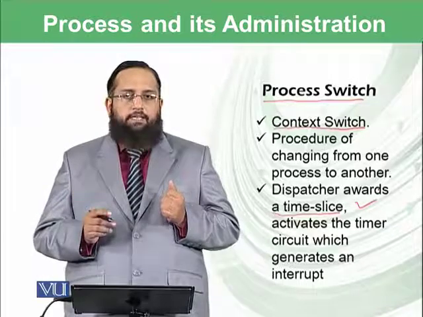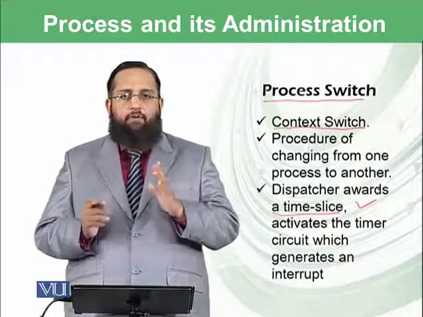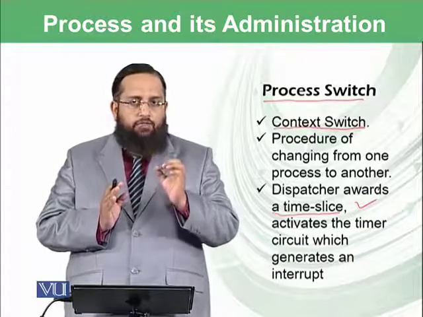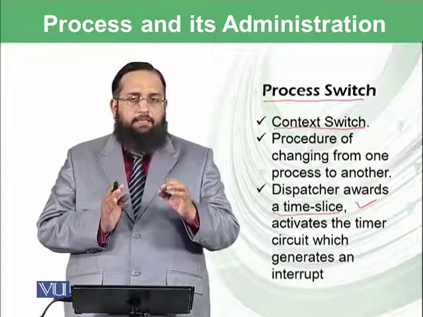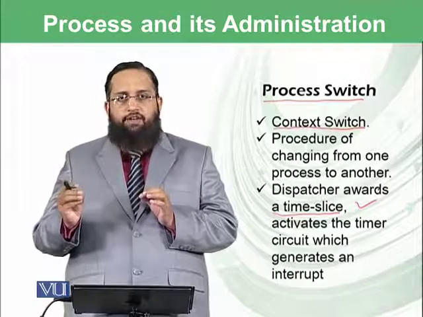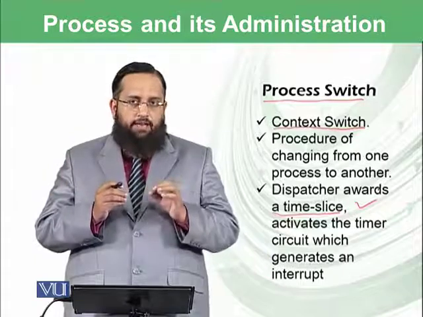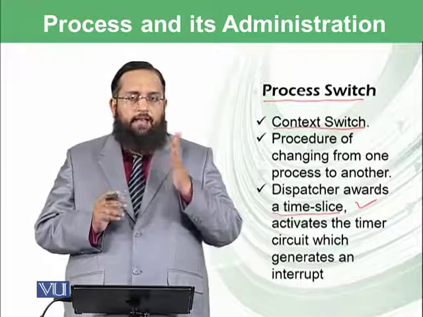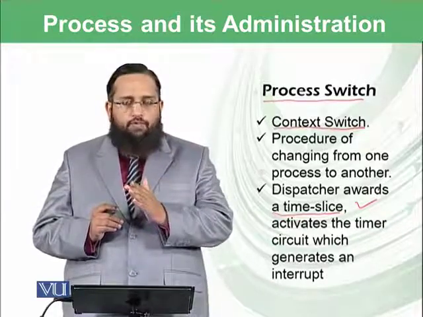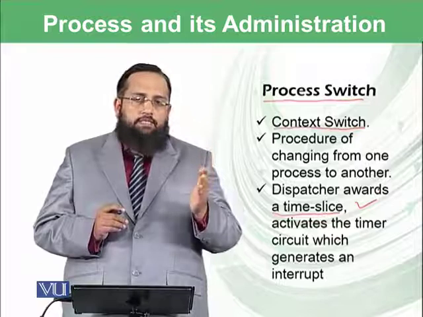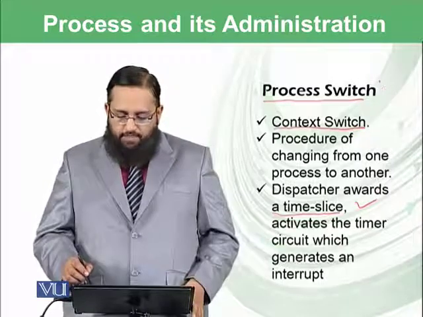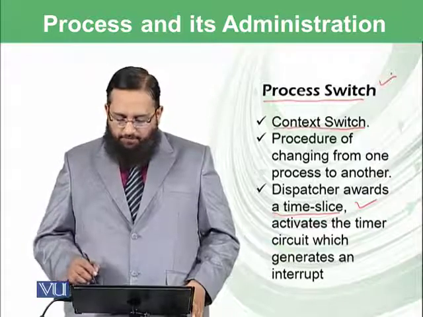For example, it says 10 milliseconds have been awarded to process A. When those 10 milliseconds have elapsed, the next process should be initiated, so it generates an interrupt. That interrupt means that control should now be transferred to process B, of course after saving all of the process state of process A. Such a transfer is known as process switch.